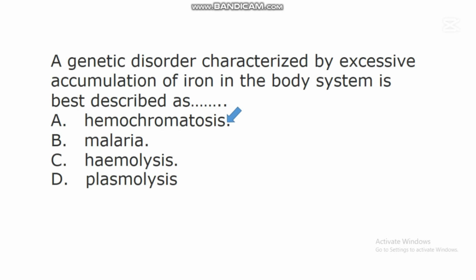But this hemochromatosis is also a genetic disorder, and once an individual inherits this issue, that individual can also transfer that to the offspring. So a genetic disorder characterized by excessive accumulation of iron in the body system is best described as hemochromatosis.